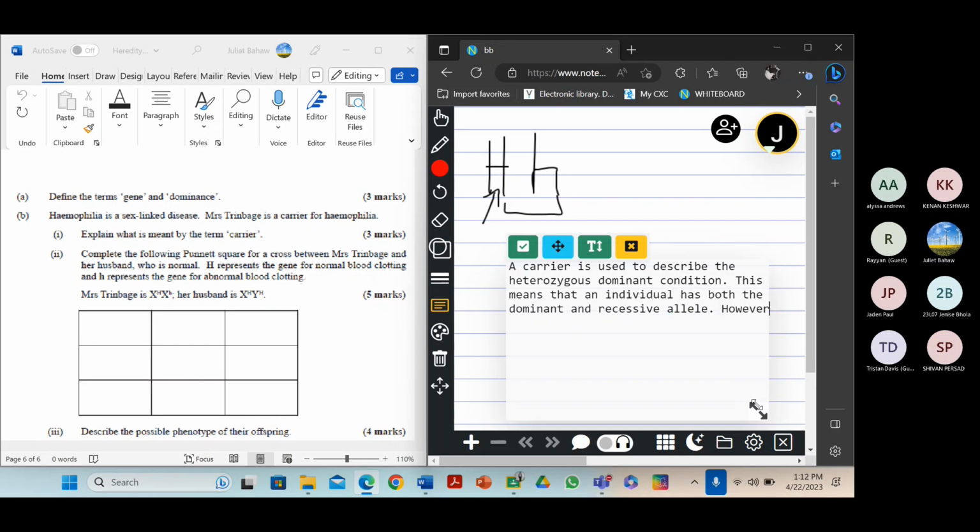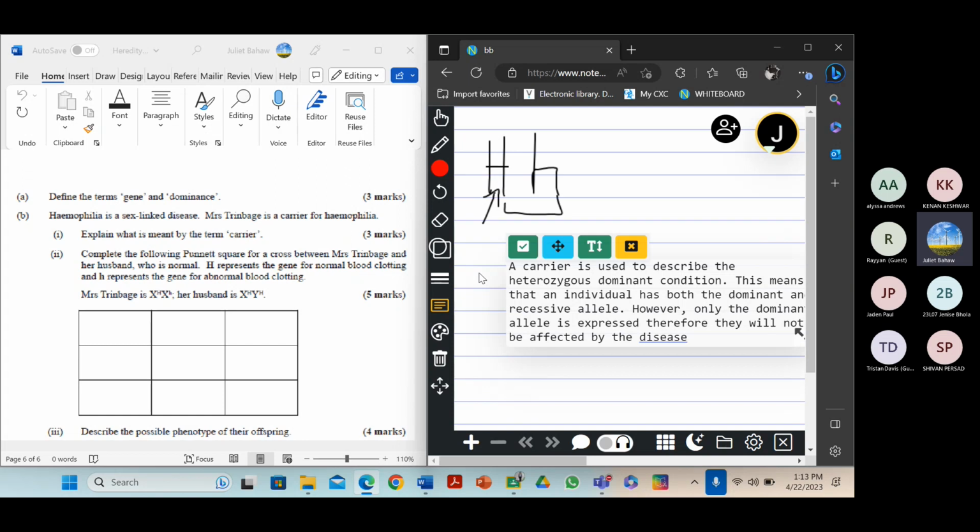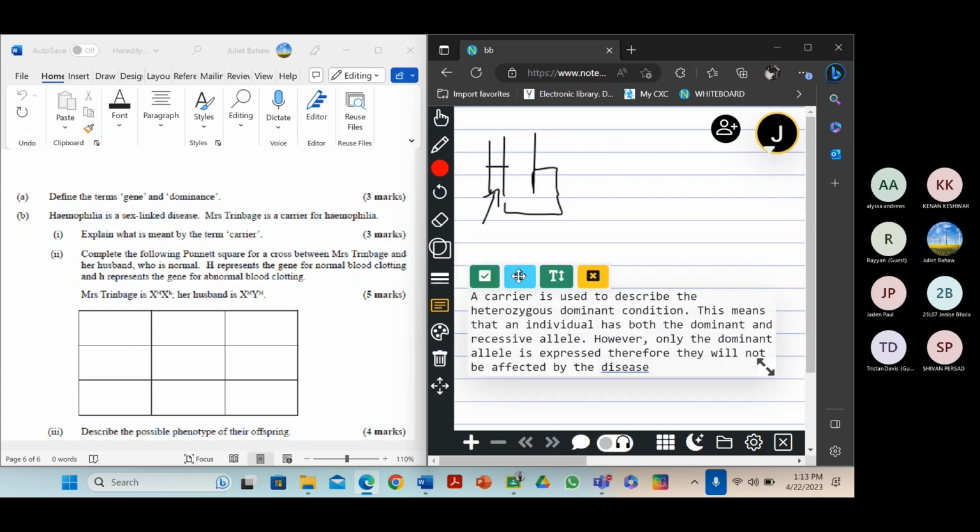However, only the dominant allele is expressed. Therefore, they will not be affected by the disease. Right. So this is a really nice definition here.